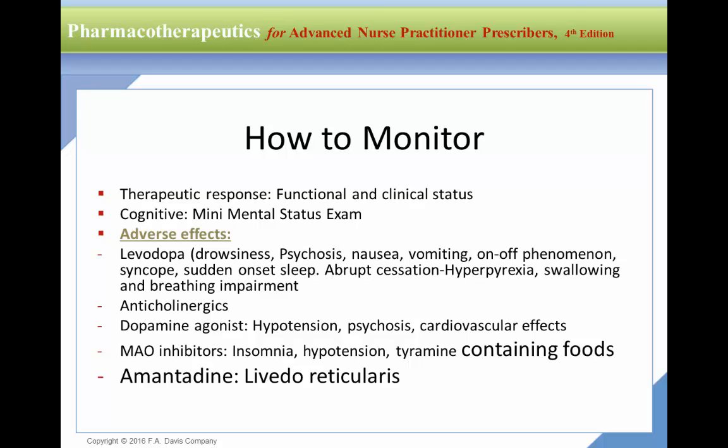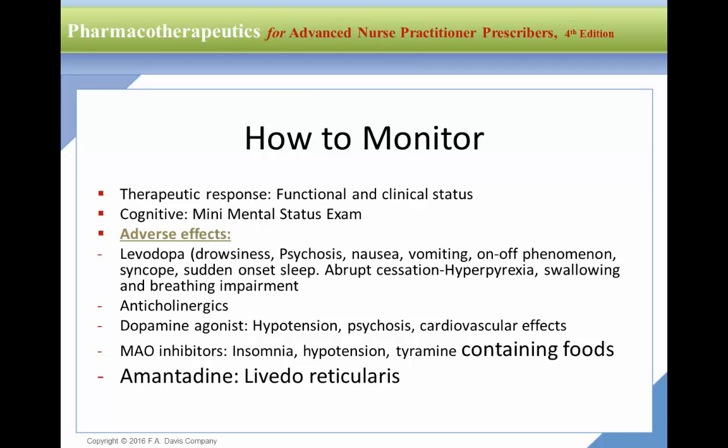You must monitor for signs and symptoms of dopaminergic agonist, which would be the psychosis mainly, as well as cardiovascular effects. Remember that these medications should not be combined with MAO inhibitors because it could produce a hypertensive crisis, and it should not be given with tyramine containing products as well.